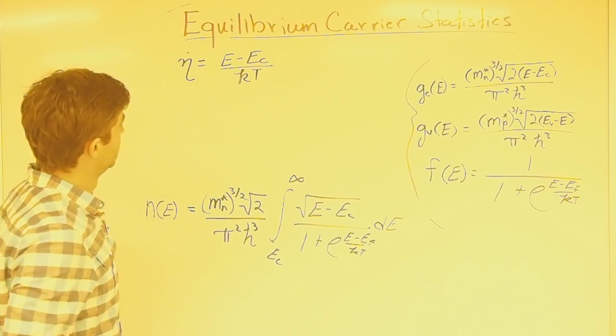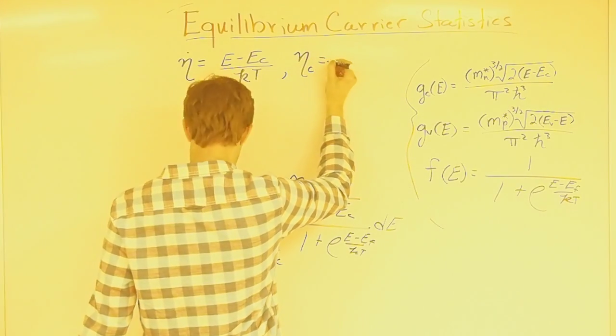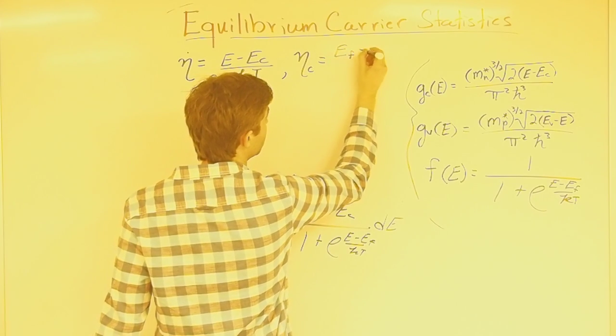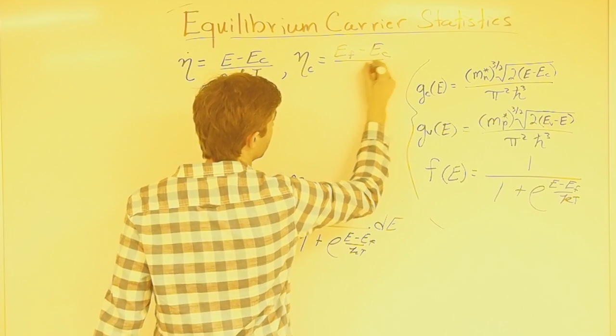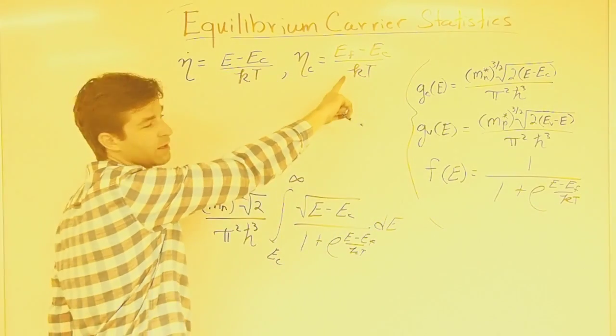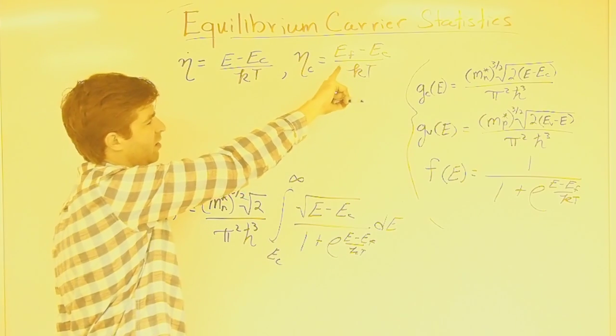Now we're also going to make a variable eta_c equal to (EF minus EC) over kT. This is basically a constant, because we call EF a constant.